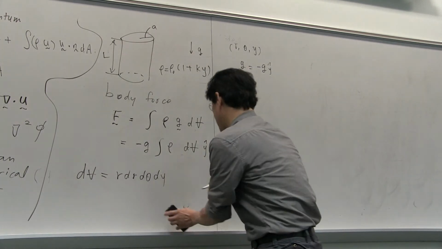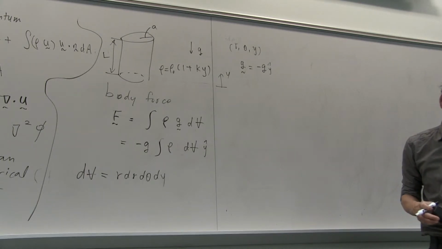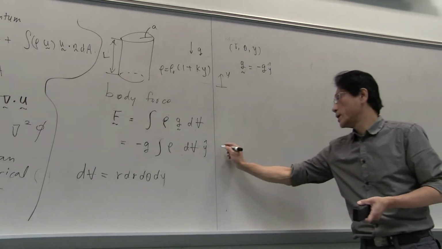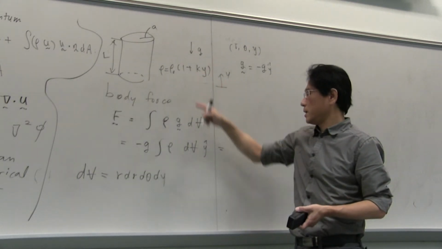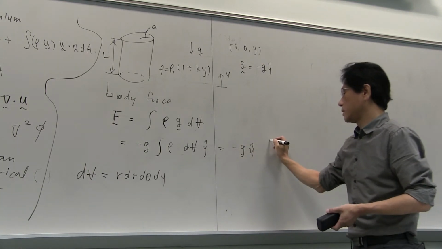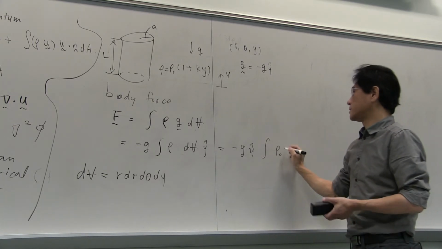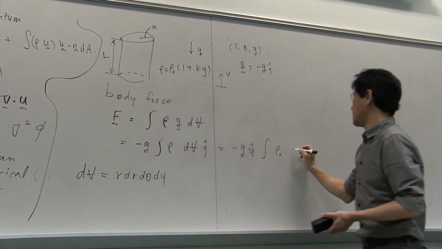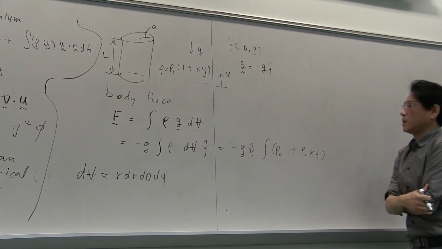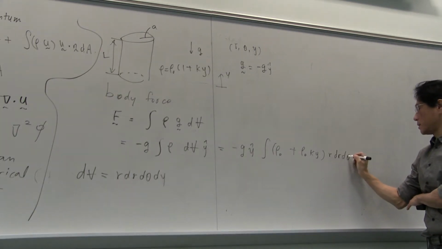Plugging this in, you have negative g in the y direction, and I'll split the density into density times, plus density times ky, and then the volume element r dr d theta dy.